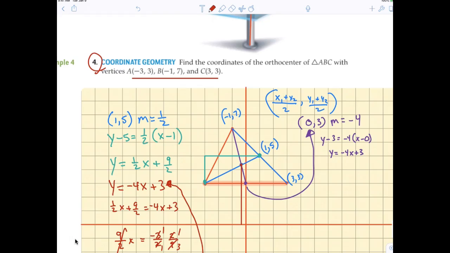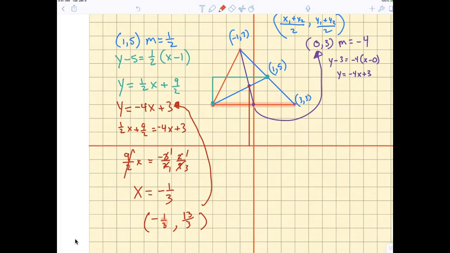So to find the centroid, I want everybody to take a look at this negative 3 plus negative 1 plus 3. And the centroid was negative 1/3. So the centroid is simply the average of the x's and the average of the y's.